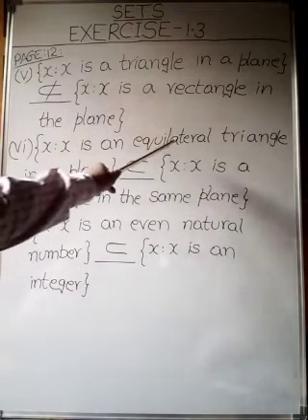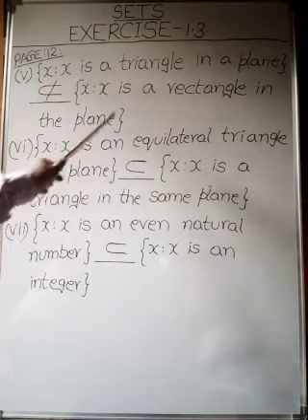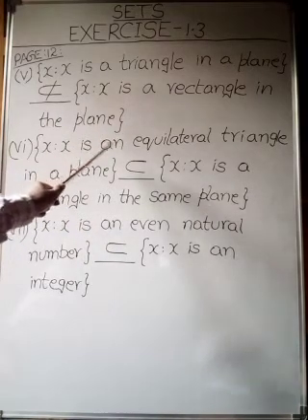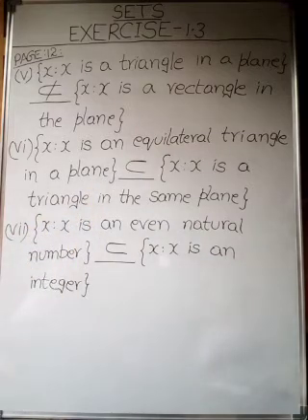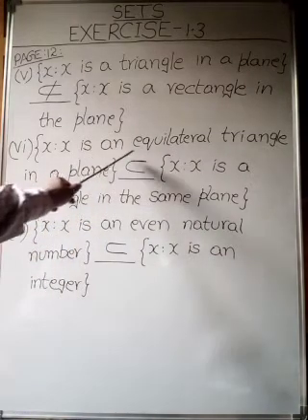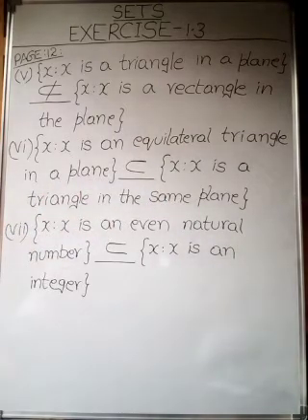Because every equilateral triangle is also a triangle. This is one kind of triangle. So every equilateral triangle is also a triangle in the same plane. That is why the first set is a subset of the second set. Is it clear, my dear children? Right. Now come to the next question.